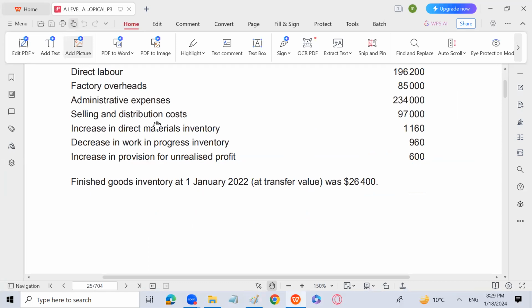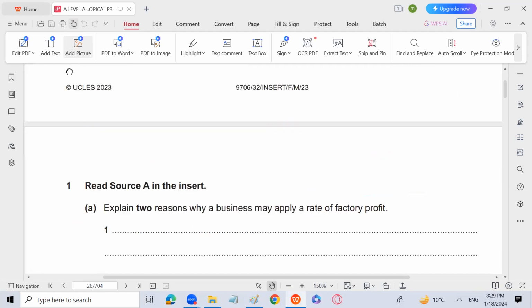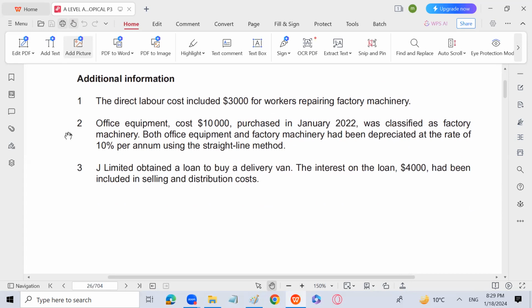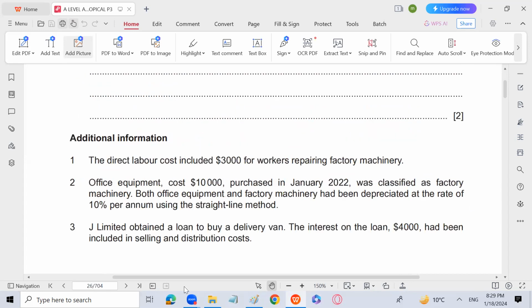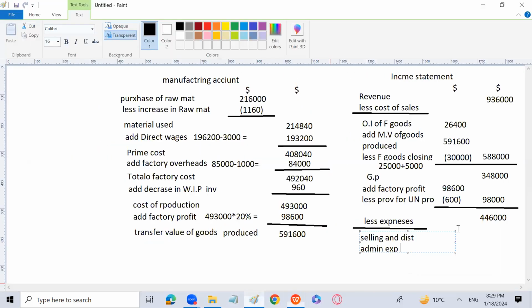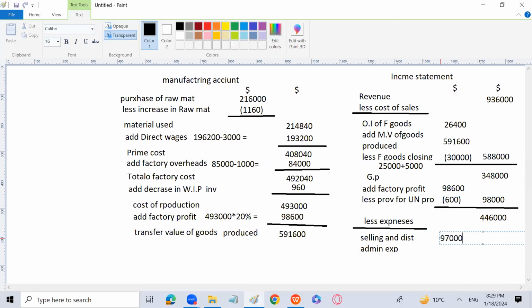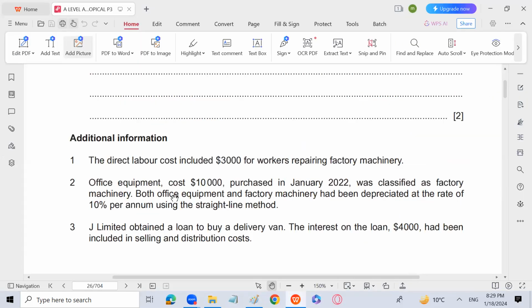First, we'll write selling and distribution cost 97,000. If we look at the question regarding additional information, there is nothing given regarding selling and distribution, so I will write it as it is: 97,000. But in admin expenses, remember, we have to add 1,000 of the depreciation expense, which was wrongly added in factory overheads.